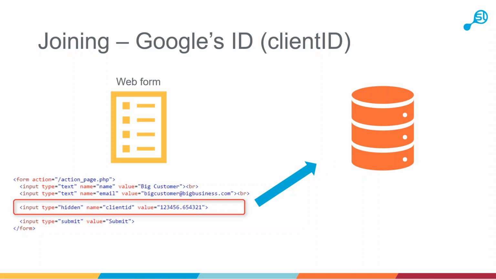This is a hidden field where we would use Google Tag Manager to extract the client ID from the cookie that sits on the user's browser. We can then insert that client ID into this hidden field. Once it's in the hidden field, upon submitting the form, the client ID would then be present against that user record within the CRM system.